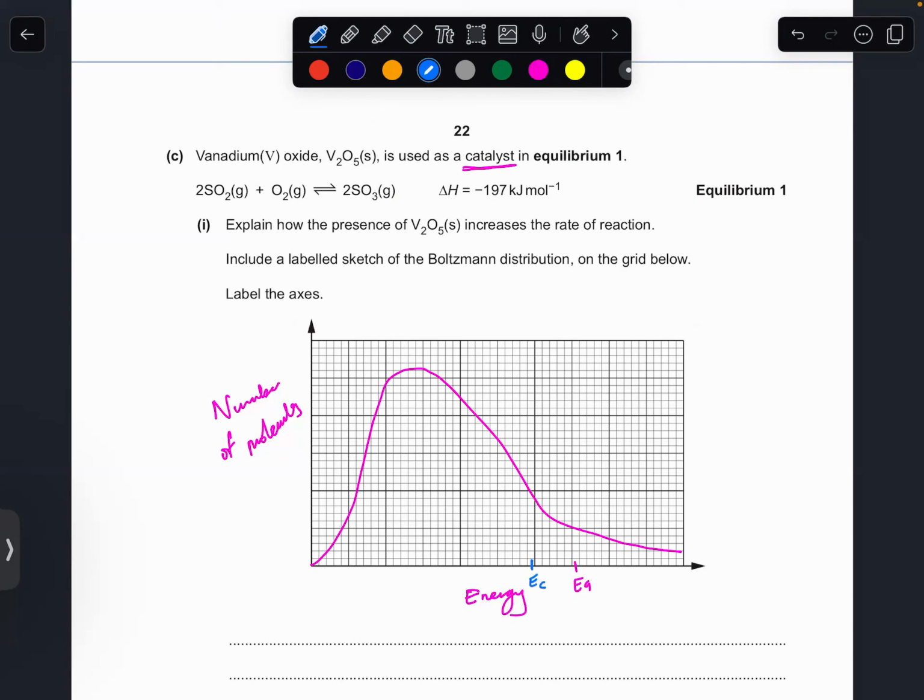It's called EC. And by doing that, you've now got a greater proportion of molecules that have energy greater than the activation energy compared to the initial pink, therefore increasing the rate of reaction.